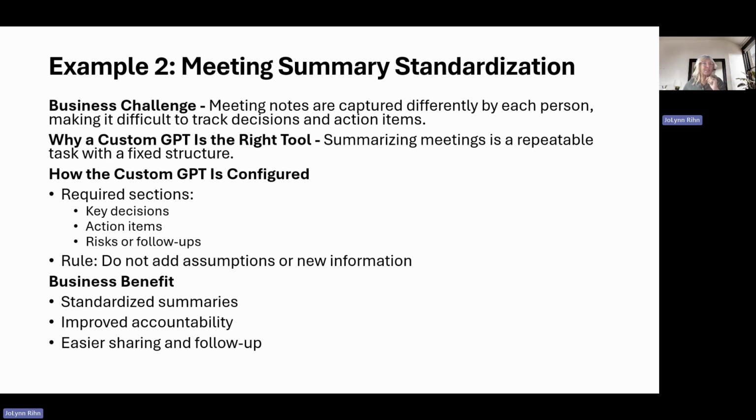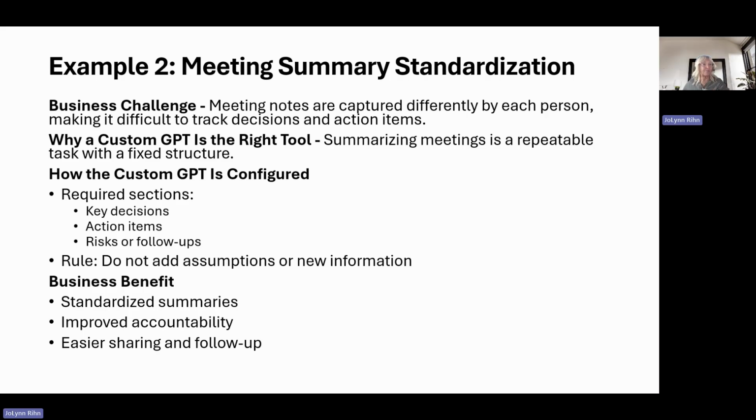Another example, just to give you an idea, is meeting summarization standards. The business challenge: meeting notes are captured differently by each person, making it difficult to track decisions and action items. Why is a custom GPT the right tool? Summarizing meetings is a repeatable task with a fixed structure.